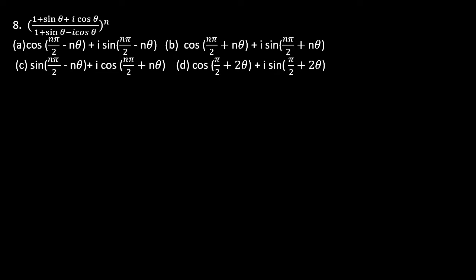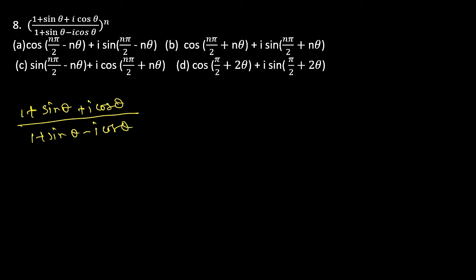Let's look at how we can write this. 1 plus sine theta plus i cos theta, 1 plus sine theta minus i cos theta. 1 plus sine theta, it means we can write as sine theta by 2 plus cos theta by 2 whole square.